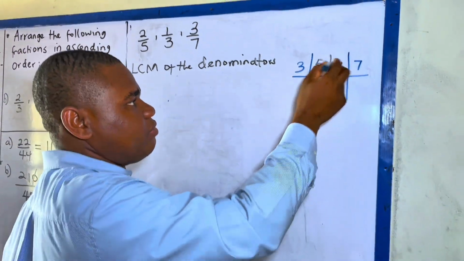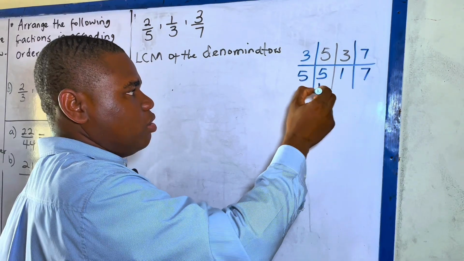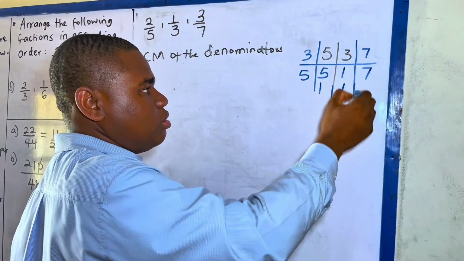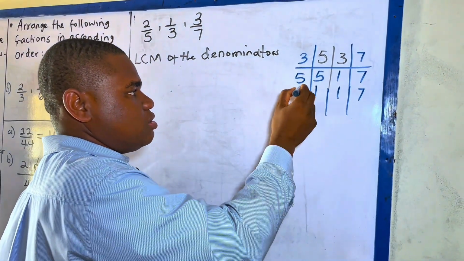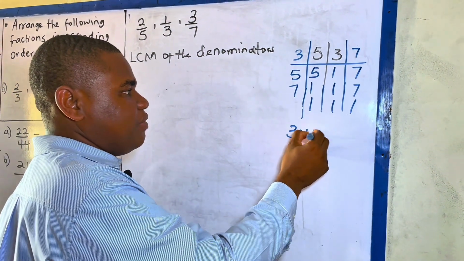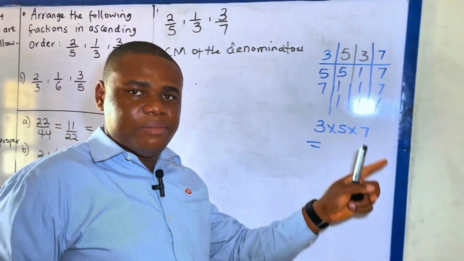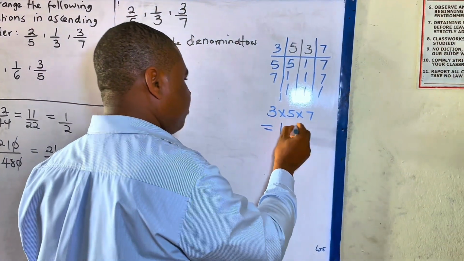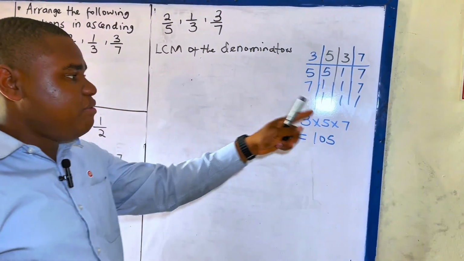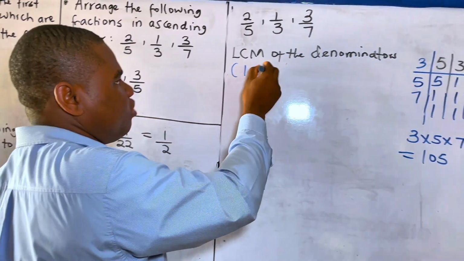So we have 5, 1, 7. 5 goes into 5, 1, 1. We still have 7, so 7 goes here, 1, 1, 1. So we have 3 times 5 times 7. 3 times 5 is 15. 15 times 7 is 105. So the LCM of 3, 5, and 7 is 105.